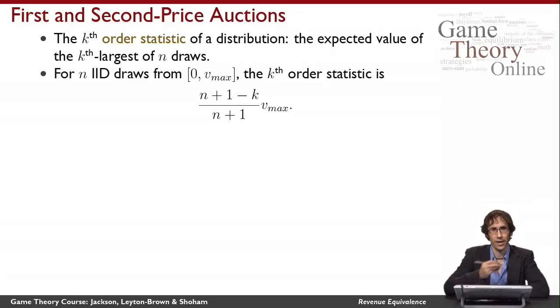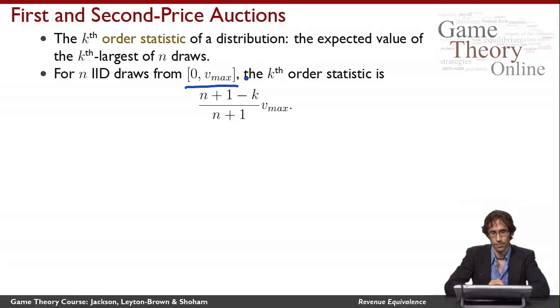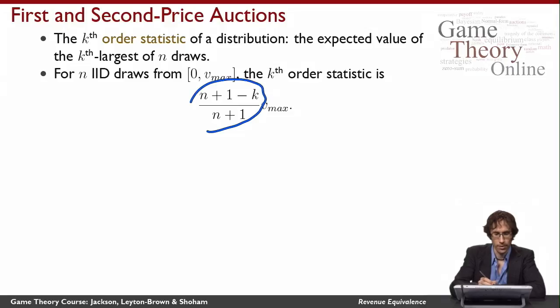Well, here's a useful formula to know for what we're going to think about just now. If I make n IID, which is to say independent and identically distributed, draws from the uniform distribution over the range 0 to v max, the kth order statistic is what you see here. It's this fraction multiplied by v max.